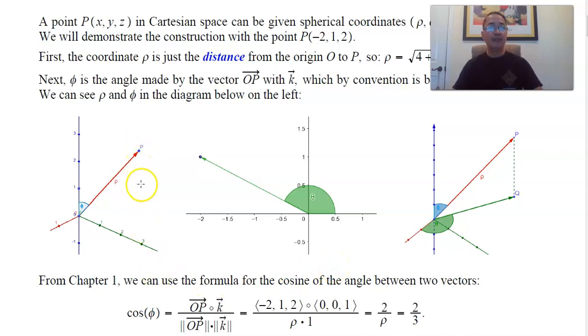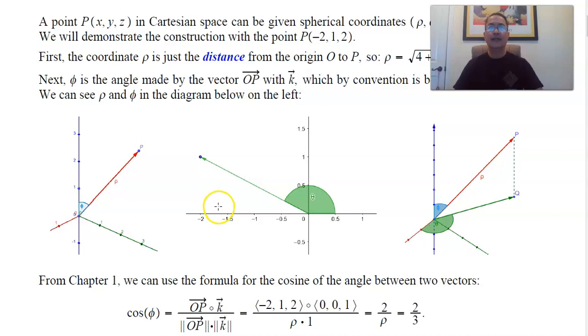We dropped P to the xy plane to the point Q. Because we have (-2, 1, 2), it's just (-2, 1) on the xy plane. Very simple. Our theta is the angle from the positive x-axis to that vector, as usual.